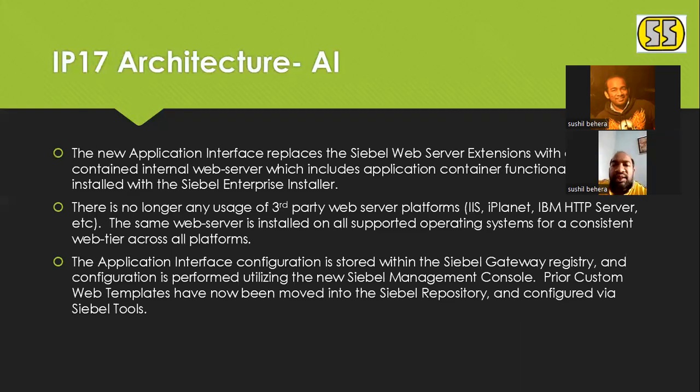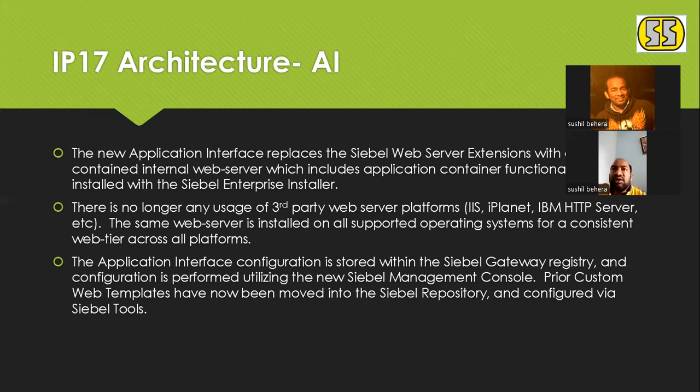The new Siebel application interface replaced the Siebel web server extension, which we understood in the previous slide. The application interface replaced the web server extension with a self-contained internal web server, which includes application container functionality and is installed with the Siebel Enterprise installer.